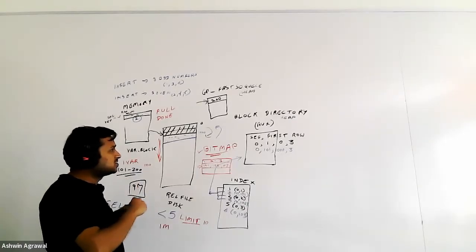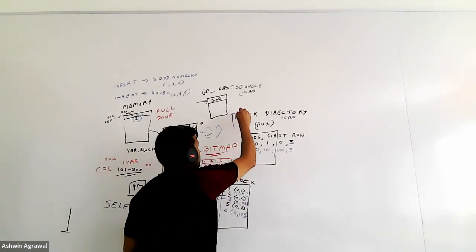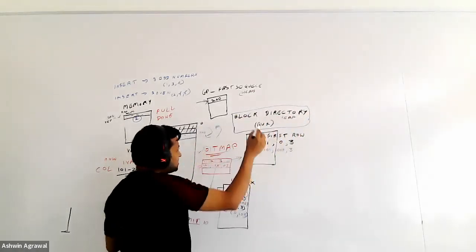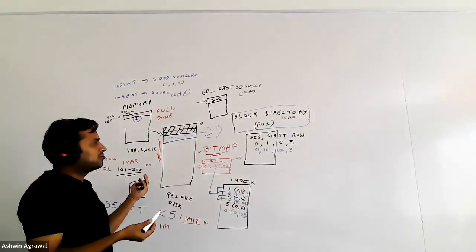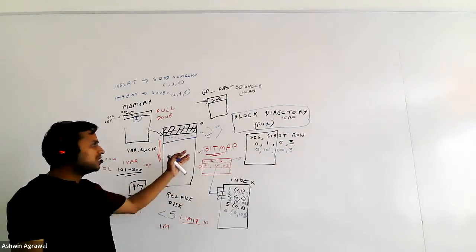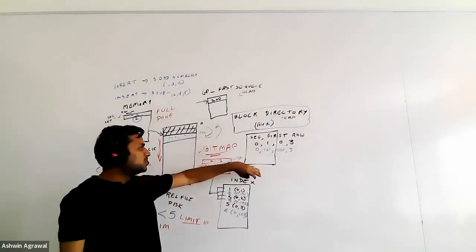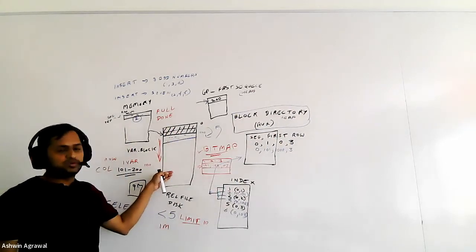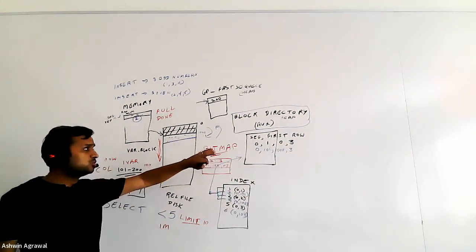The slight nuance I didn't mention is that the existence of the block directory is only helpful if you have indexes. If you don't have an index, maintaining and keeping this around is a complete waste, because you're just going to always do a sequential scan and never use it.